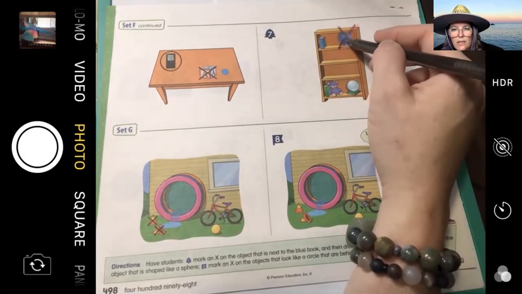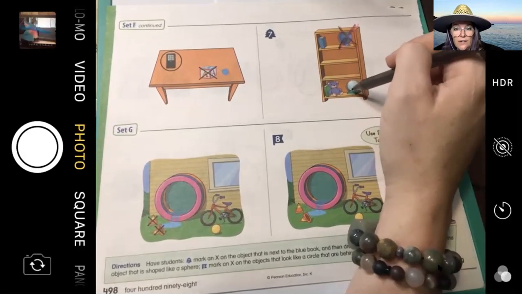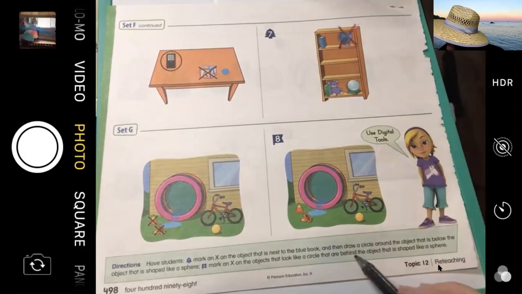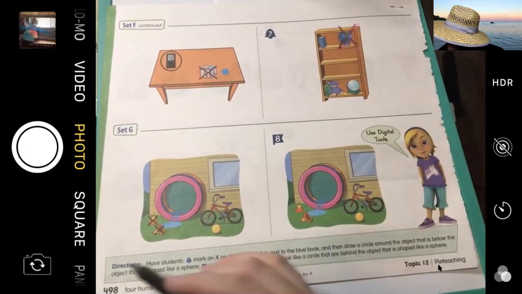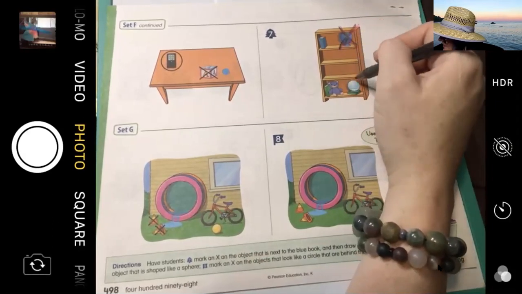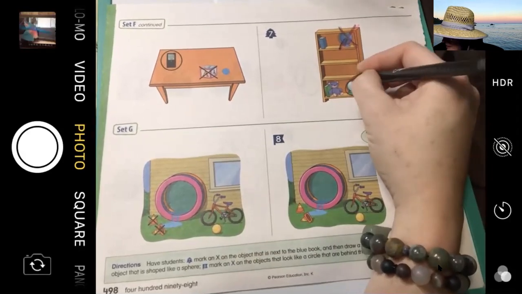What object is below this sphere? Another sphere, right? So the object that's below it would be another sphere.